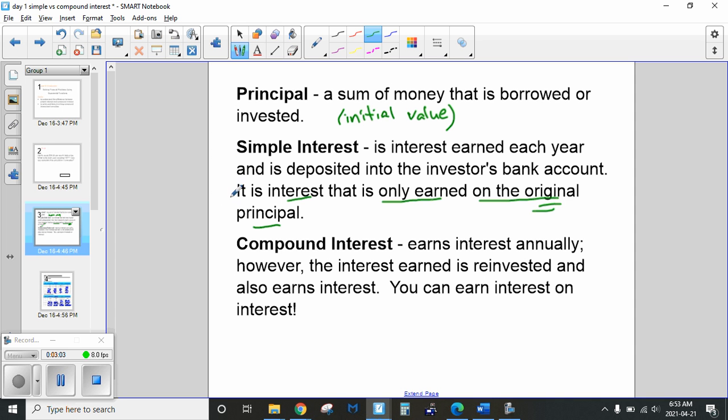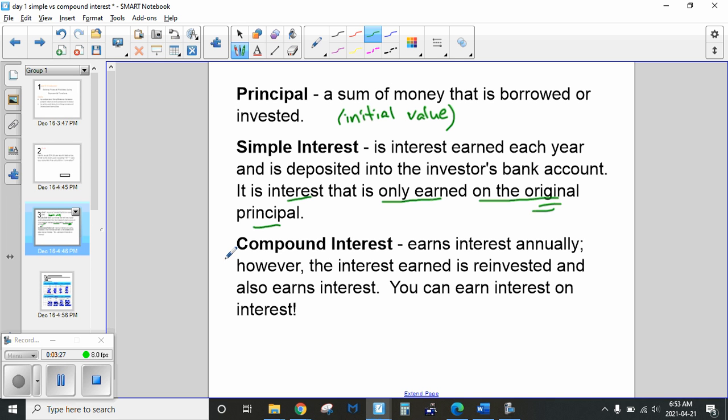So if you put in $1,000 today in a simple interest account at, I don't know, maybe 5% interest, every year you'd be making $5 in interest no matter what, even if you left all of those $5 deposits in the account and your balance was growing, you would still be only earning $5 per year.